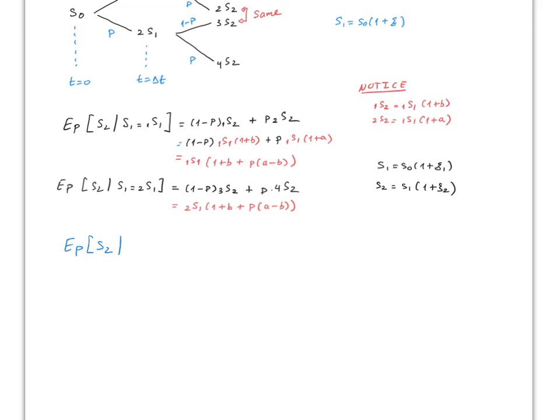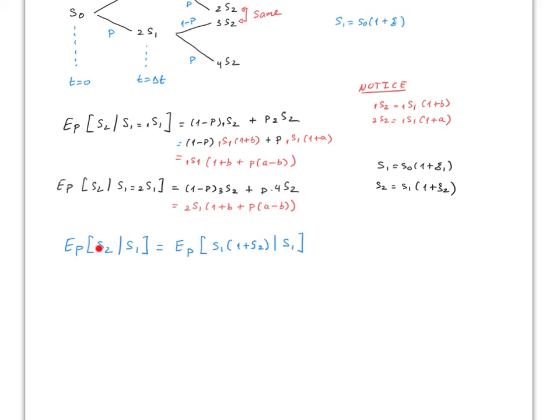What is the expected value of S2 given S1? Well, by definition, this will be the expected value with respect to P of S1 times 1 plus C2 given S1. That's the definition.